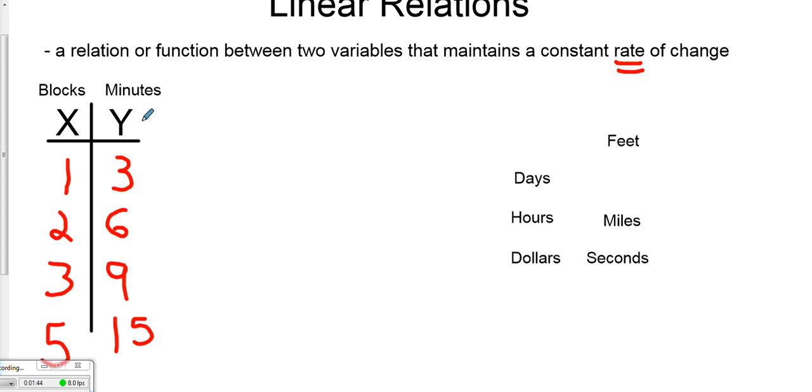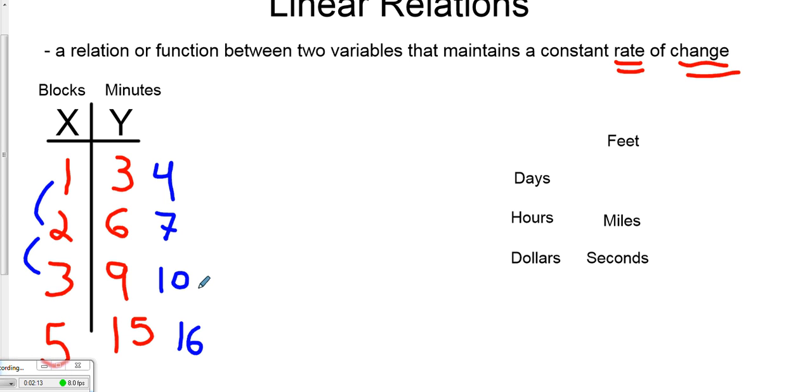Now even if there was a little extra constant in the back here, so just add 1 to everything, the change is what's important. Let's say we did add 1 to each of these and say that it took us 4 minutes, or 7 minutes, or 10 minutes, or 16 minutes. Again, it's always the change. From 4 to 7 is 3, and that takes 1 minute. From 7 to 10 is 3, and that takes 1 minute.